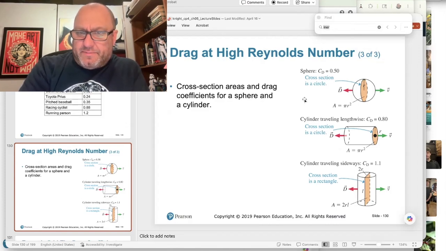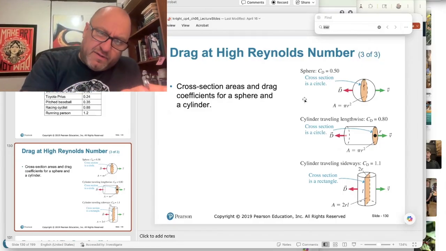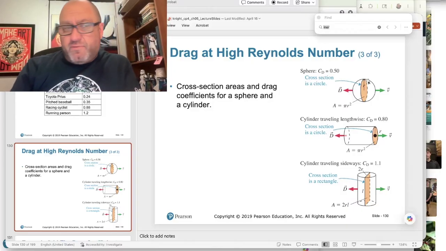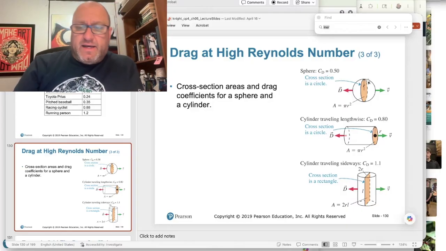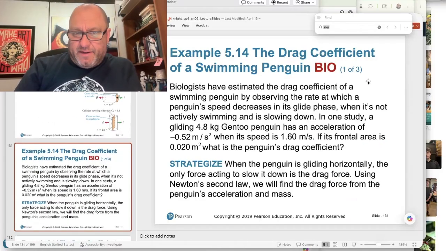A cylinder traveling sideways is 1.1. So it depends on the orientation of how the thing is moving through the air. If it's moving sideways, that's going to be different. It's going to be less aerodynamic.